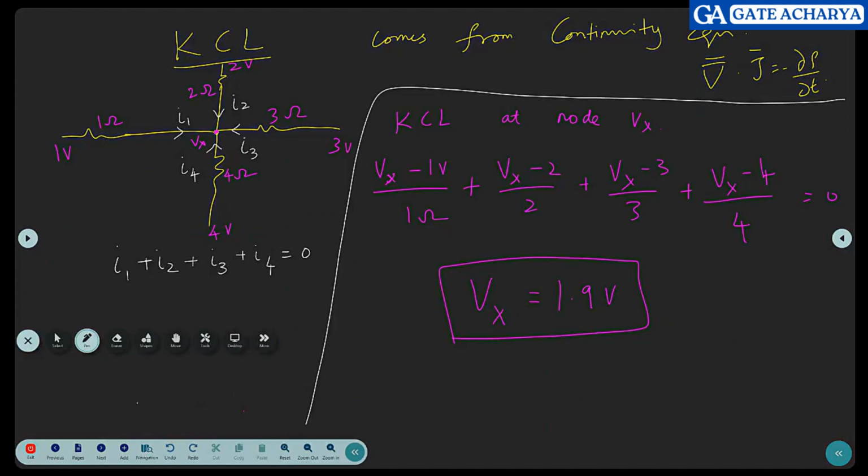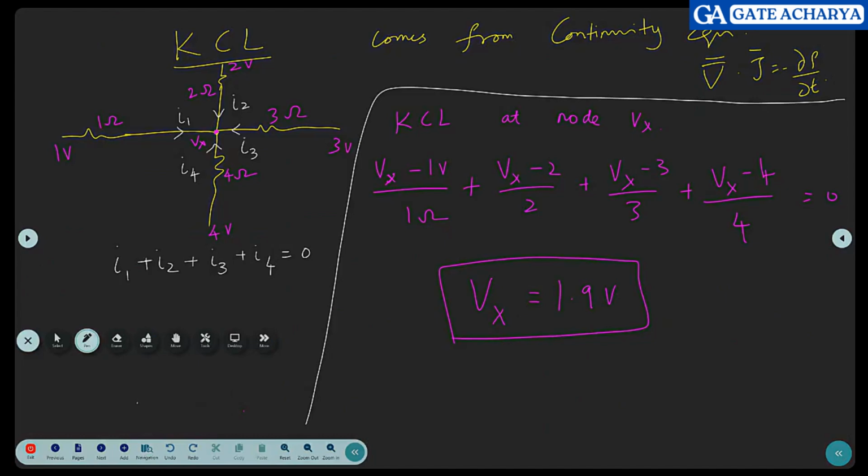If there is no charge in this area, there is no charge escaping this region. That means whatever comes in has to go out. That is the meaning of it, which comes from the law of conservation of charges. If you see, the first page is the law of conservation of charges, the next page is the continuity equation.